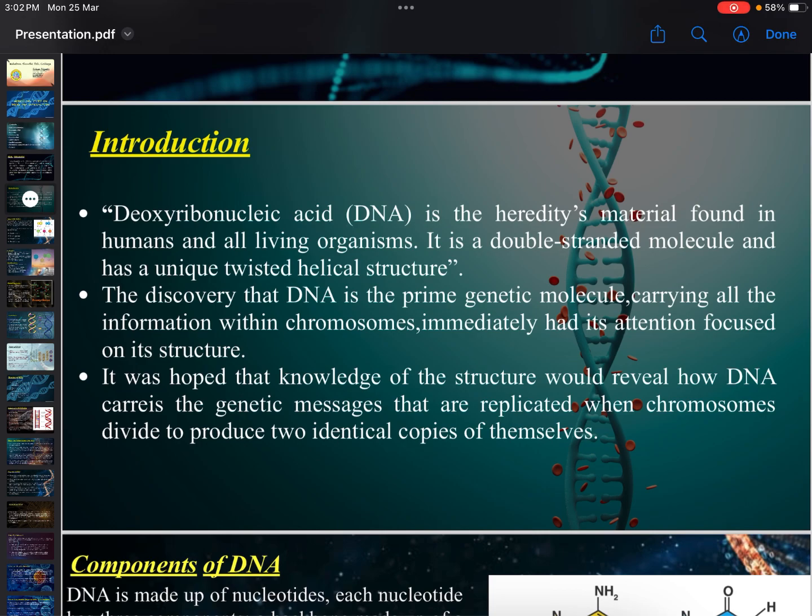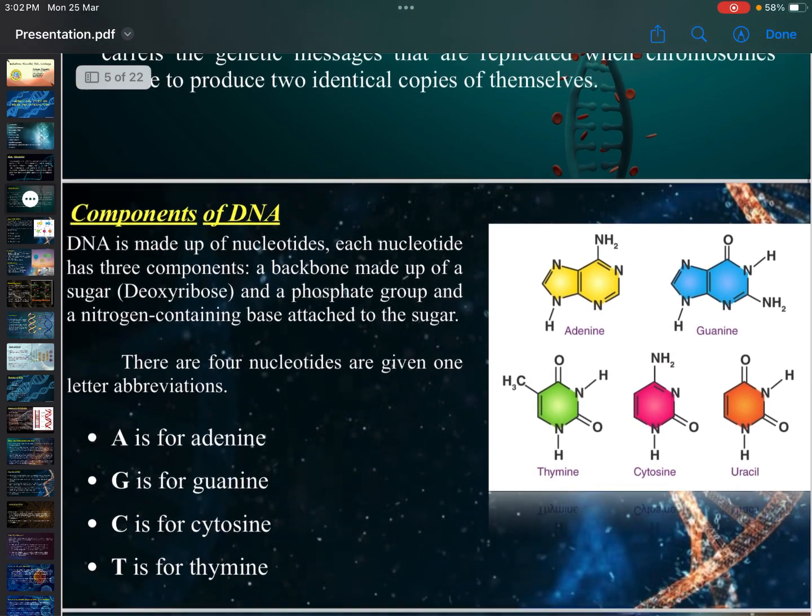He found that something was being transferred from the heat-killed S strain to the non-virulent strain, and the mouse, which was the experimental organism, died. Then there was the experiment of Hershey and Chase, a transduction experiment using a bacteriophage, and ultimately we got to know that DNA is the only hereditary material that is transferred from one generation to the other.